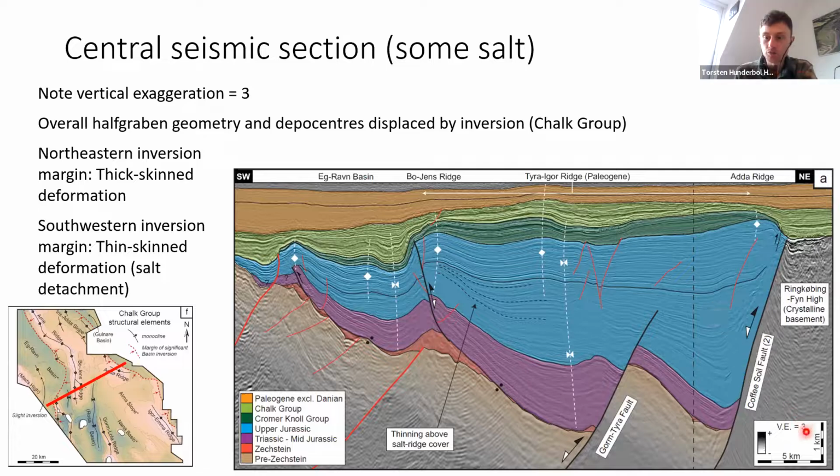I should say, and maybe even apologize for, the vertical exaggeration of 3. It highly exaggerates the dip angles of structures and layers, but I felt it was a good idea at the time in order to highlight the syn-inversion stratigraphic pattern we see in the light green chalk group up here.